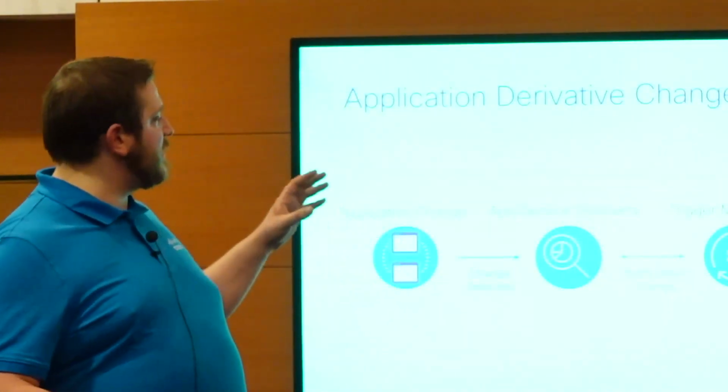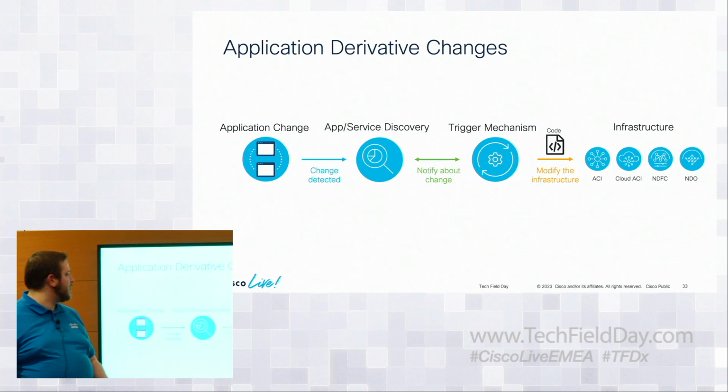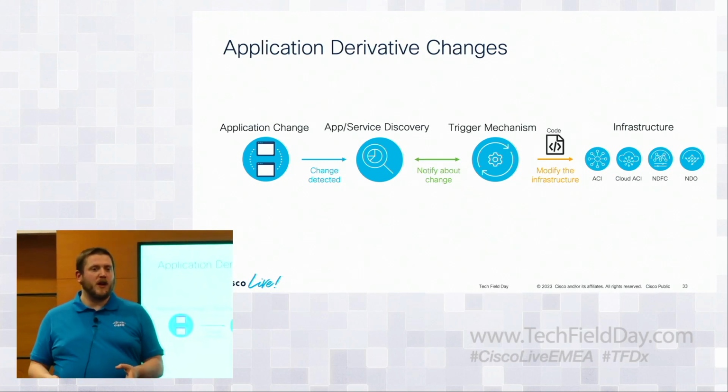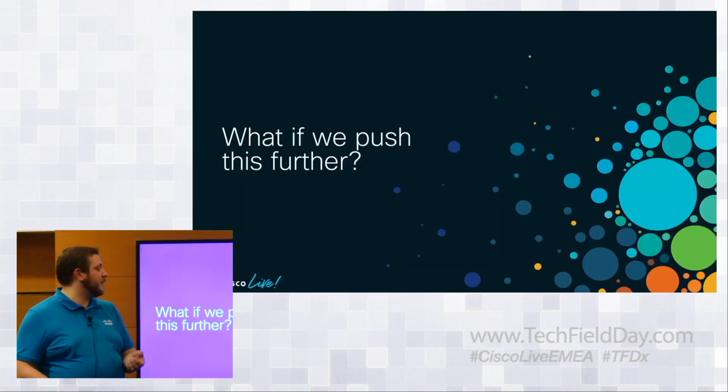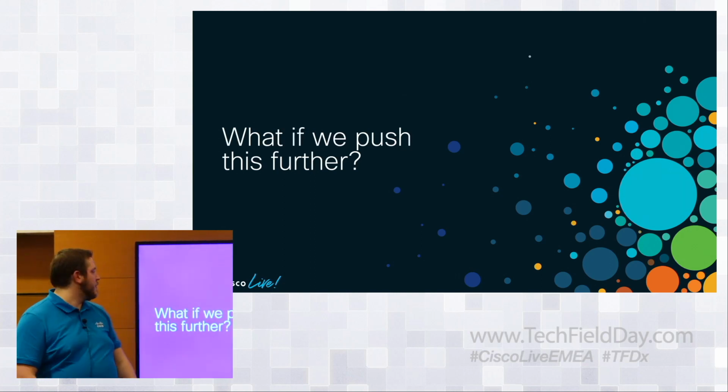One of the things I wanted to mention is, we saw this Console Terraform thing, and the idea is to take the state of an application, which could technically come from everywhere. But what if we want to push this even further? What are the next things we are looking into?